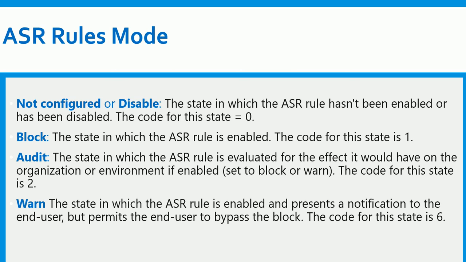So if you select audit mode, it will give you the report. It won't block any of your applications, but it will give you the report. If you put it in block mode, then it will block your application. Audit mode is always for auditing purposes, and it's not going to impact anything in your infrastructure. Block and warn, I explained well.